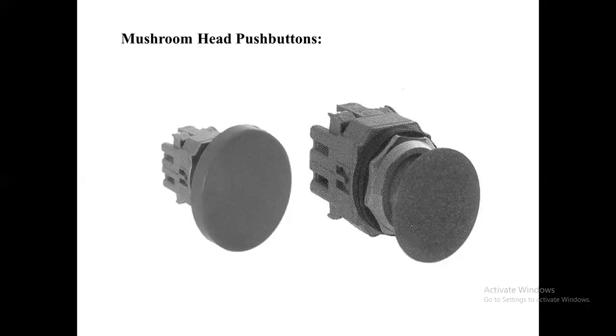The switch shown in the center position has an actuator that is aligned to be even with the sleeve, and it is called a flush push button. It provides similar protection against accidental actuation as the guarded push button.